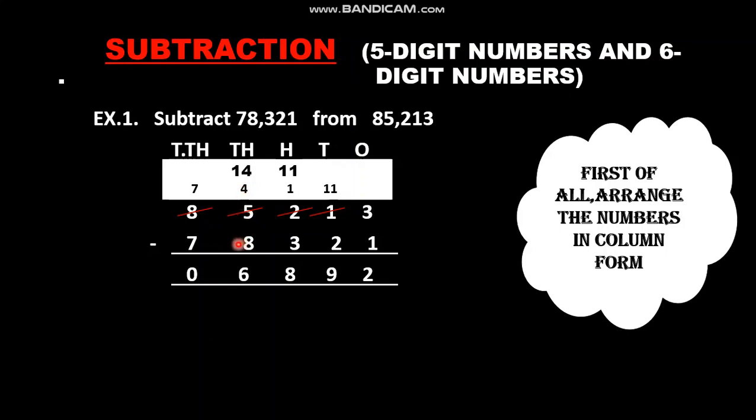Now we cannot take away 8 from 4. So what are we going to do? We'll borrow 10 from the next place. And the number here is 14 now. That is 10 plus 4 is 14, right? So 14 minus 8 is 6. So what is the number left here? It will be 7. Now 7 minus 7 is 0.